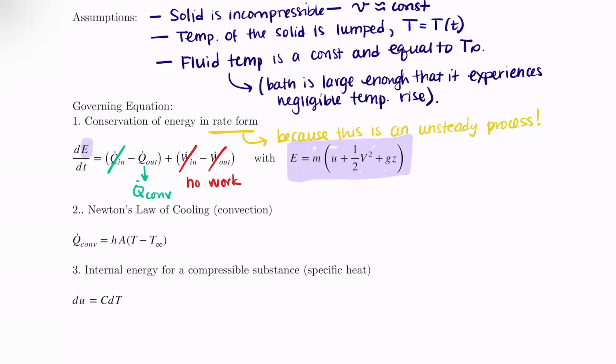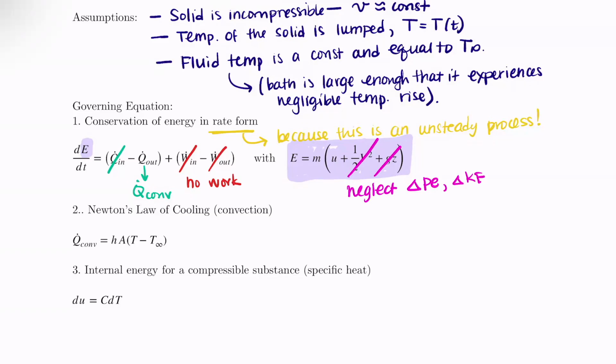Now, we don't have any information in our problem that would suggest that we need to care about kinetic or potential energy. So I'm going to neglect both of these, changes in potential energy and changes in kinetic energy.